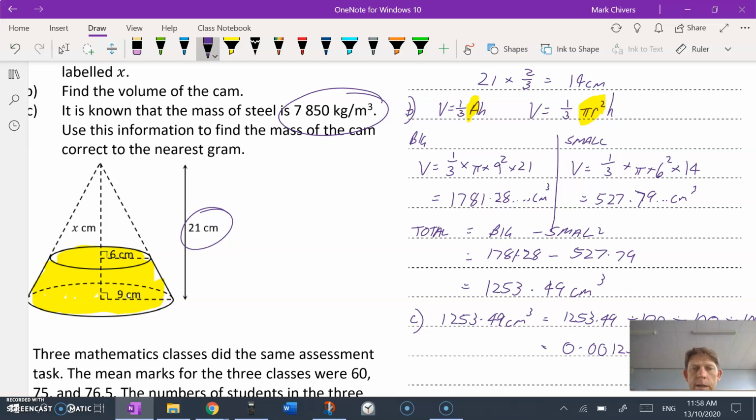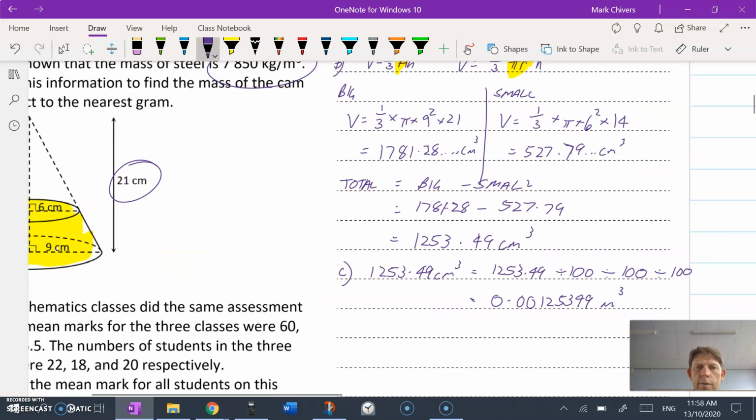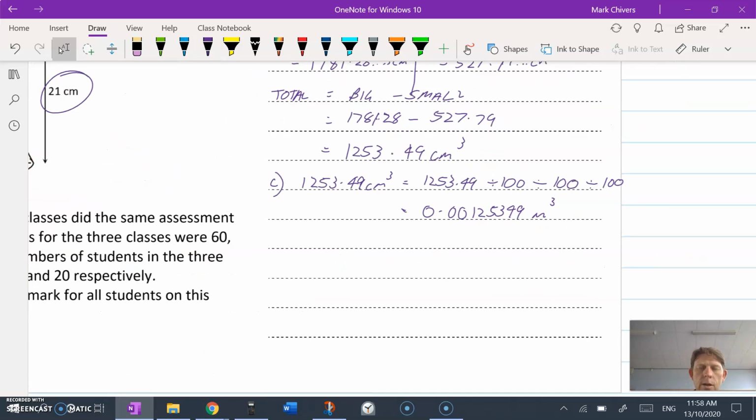So we know that for every metre cubed, we've got 7,850 kilograms of steel. So therefore we can say that the mass is just going to equal that 0.00125349 times by the 7,850 kilograms that would take up.